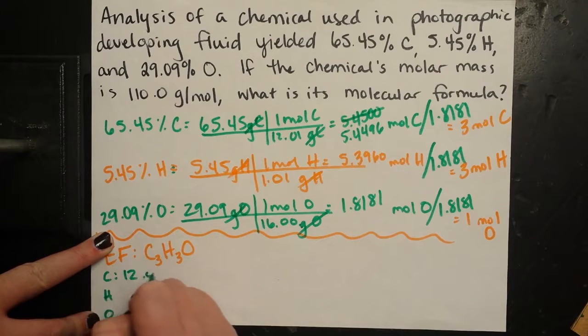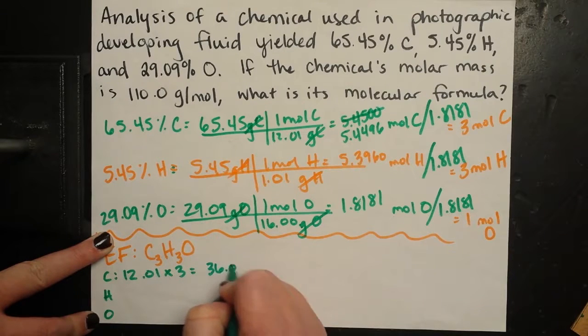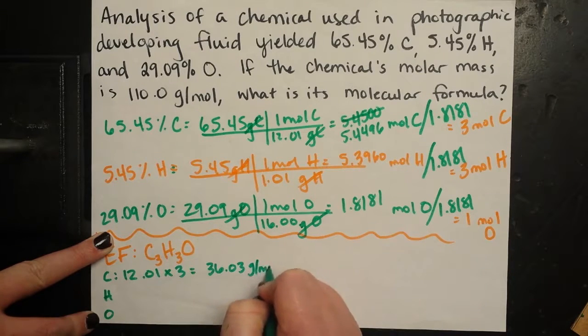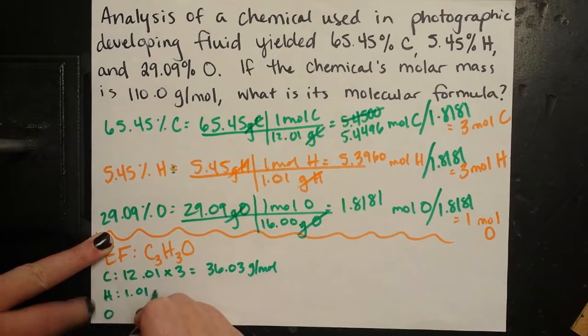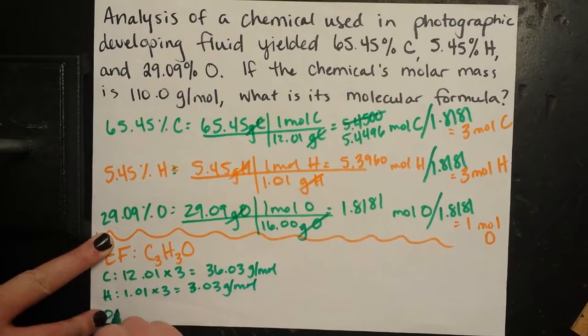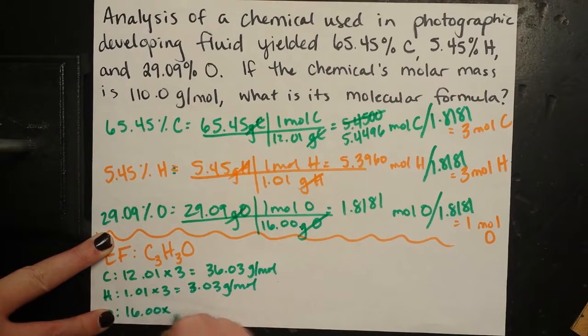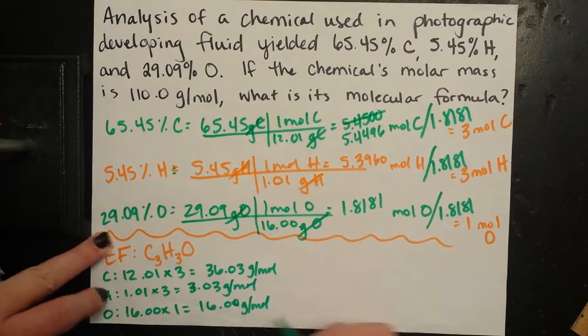I've got 12.01 times 3, so 36.03 grams per mole for carbon. I've got 1.01 times 3, so 3.03 grams per mole from hydrogen, and 16 on the dot times 1, grams per mole for oxygen.